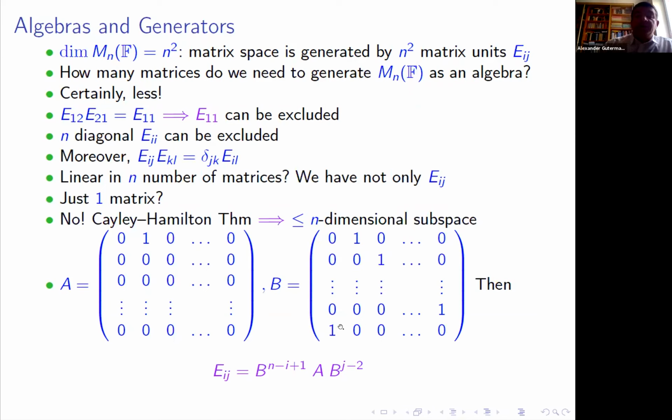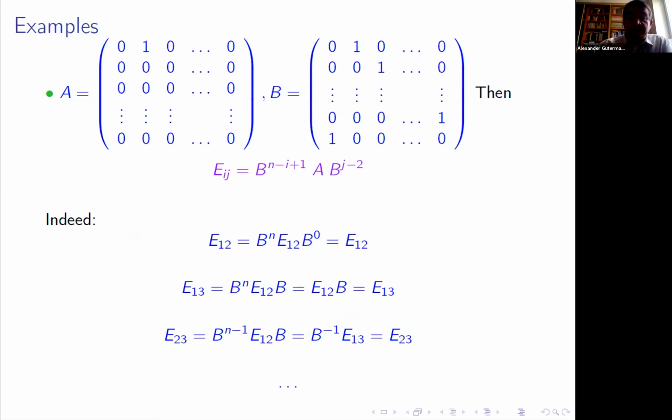Here I take the identity matrix and form a cyclic permutation of columns. So this couple could generate the matrix algebra, and there is even an analytic formula for all matrix units, which tells you that it is possible to generate all of them in the following way, as you see, in steps of this form.